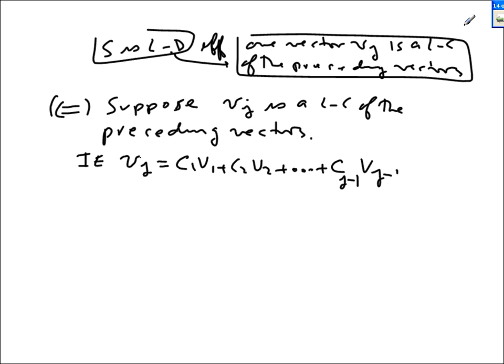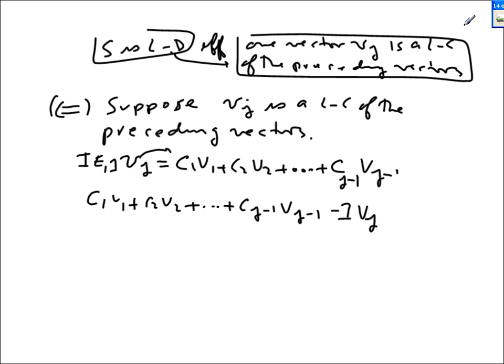Now, if I bring this to the other side, remember this is 1 times vj. If I bring it to the other side, I get c1v1 plus c2v2 all the way up to cj minus 1 vj minus 1 minus 1 times vj, and this equals 0.